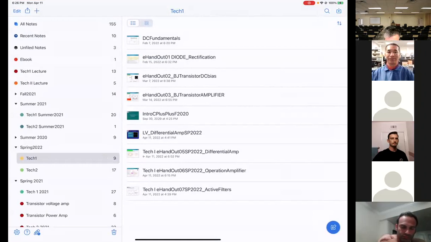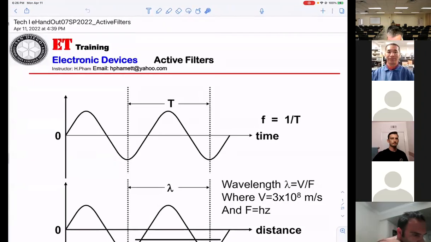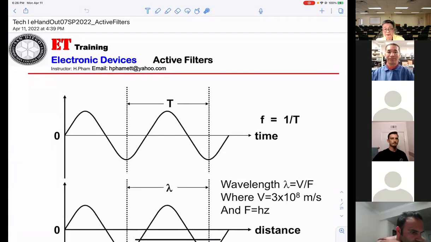Okay, so we're talking about active filters. That's a handout for today. Okay. If you were in the last summer course and you got a filter, that was a passive filter.